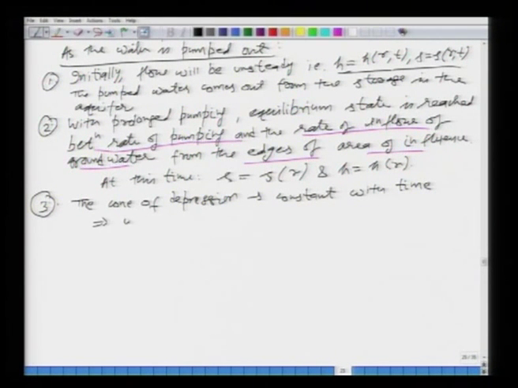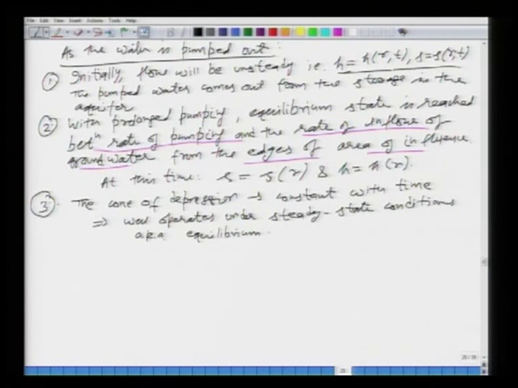That means the well operates under the steady state conditions, and these steady state conditions are also known as equilibrium conditions.